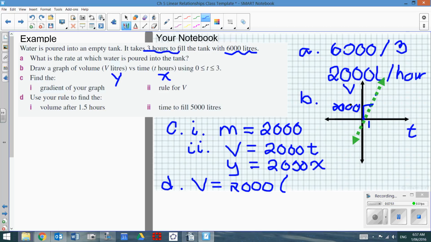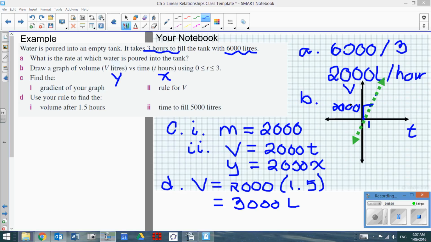So if I have 1.5, I'm substituting that in for my time. So 2,000 multiplied by 1.5 would give us the amount of volume that I actually have in this tank, which is 3,000 liters.